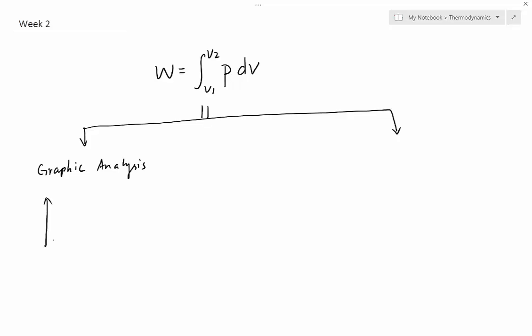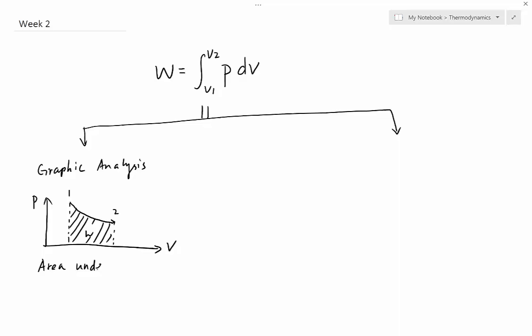For example, if you have a diagram where the y coordinate is pressure and the x coordinate is volume, and then you have a curve such as this one, starting from 1 to 2. Pressure goes down from 1 to 2, while volume goes up from 1 to 2. So this is obviously an expansion process. And on this diagram, we say the area under the diagram represents work.